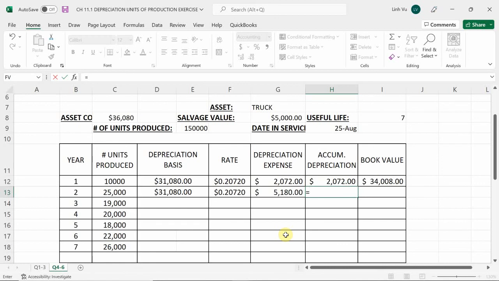Okay, so we got $30,900. Okay, you don't subtract the two, you add the two. Okay, accumulated means you're adding everything up together.